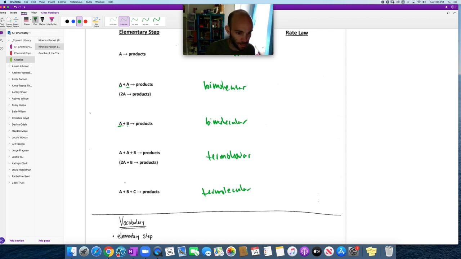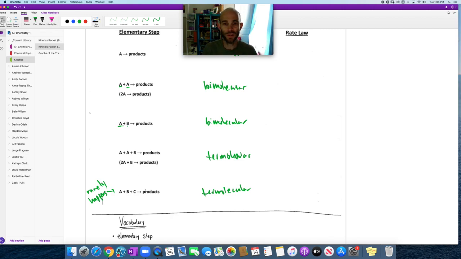These here, guys, this is very rare. That rarely happens. And because it's just very, very improbable for three species all to hit at the same time with the right orientation. So these are not very common, but you know, they're possible.